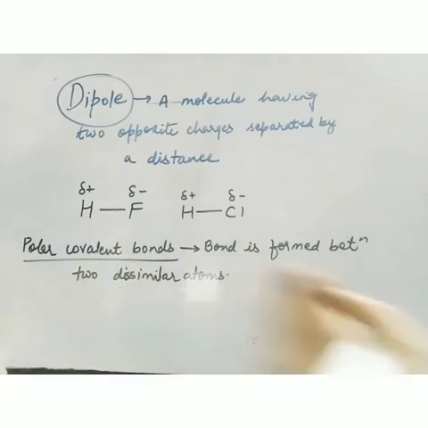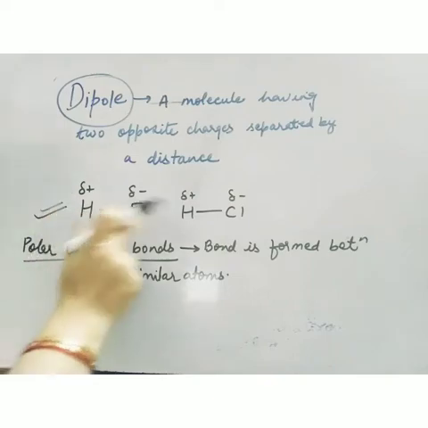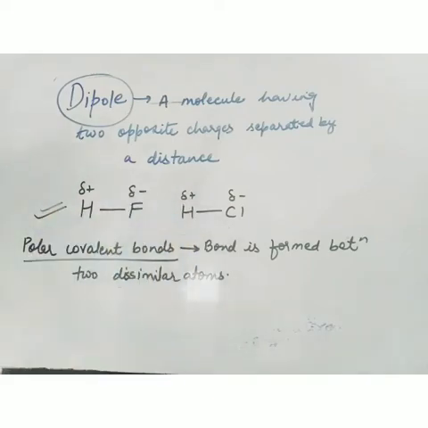Now which is more polar? How to measure this degree of polarity? How to compare them? One way is: greater the electronegativity difference, more will be the polarity. Fluorine is more electronegative, so fluorine has more tendency to attract. So definitely this molecule is more polar as compared to this. So one way is this for finding out.